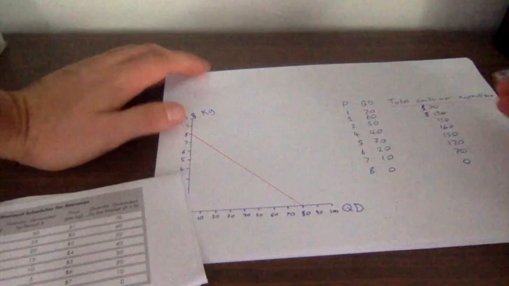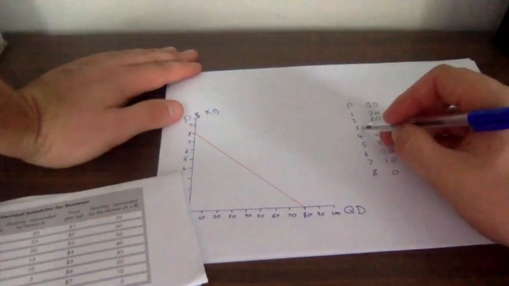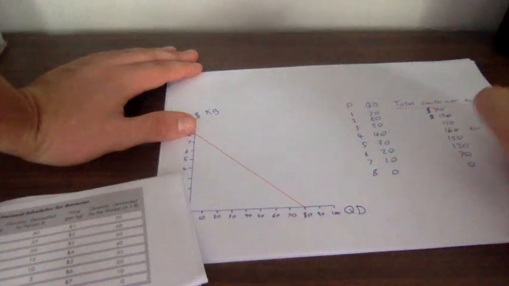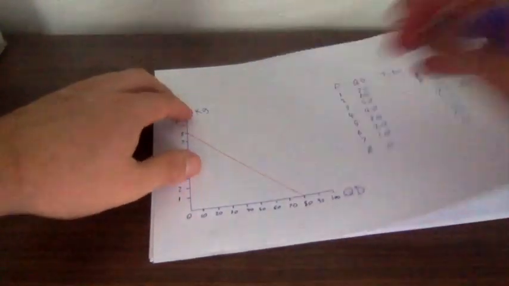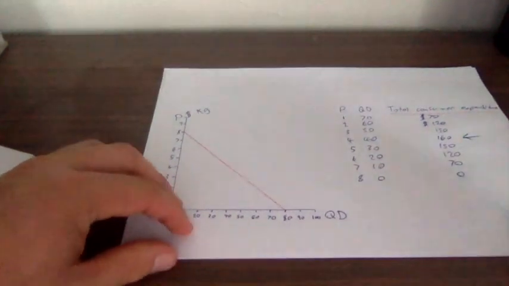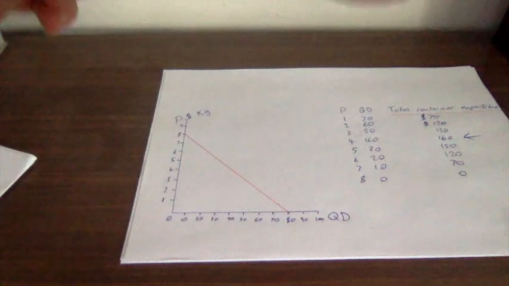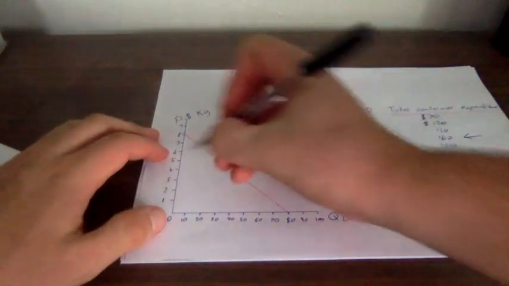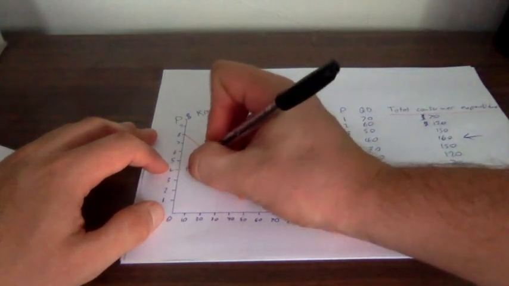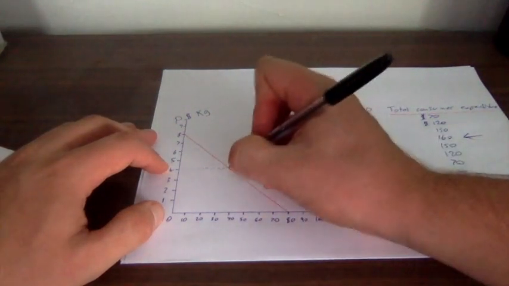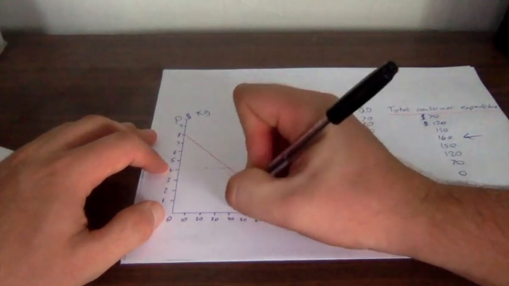Say, for example, the price of bananas is $4. So we're working here. What we want to do to mark out our total consumer expenditure is mark this on the graph. We'll do it in black. You go to the 4, you make a nice line out to the 40, and then you come down.